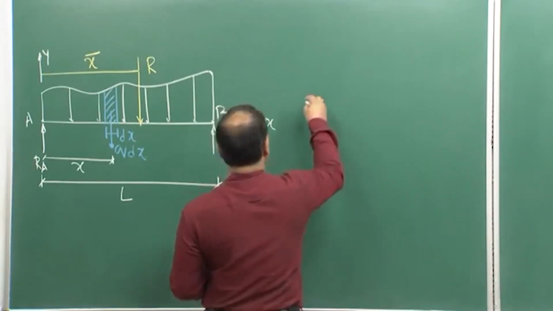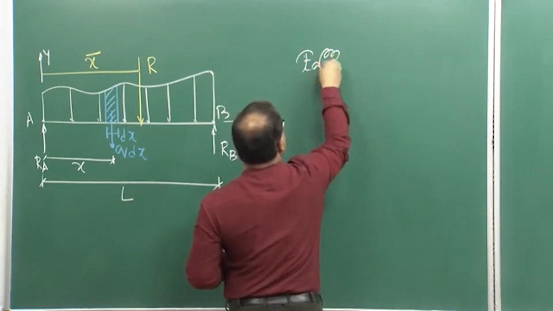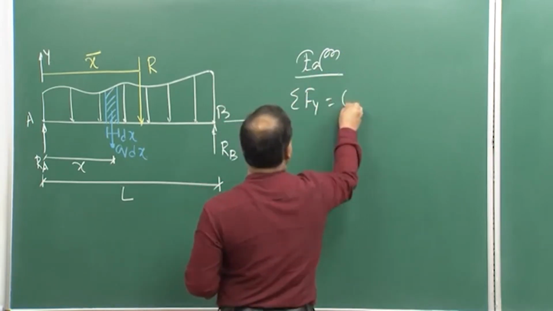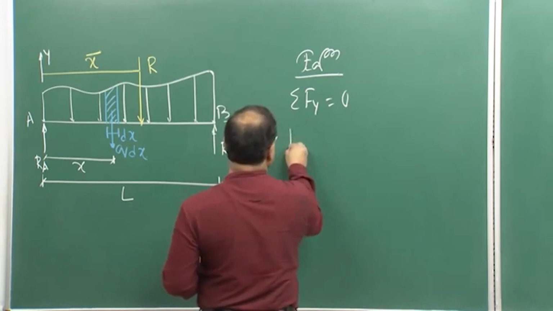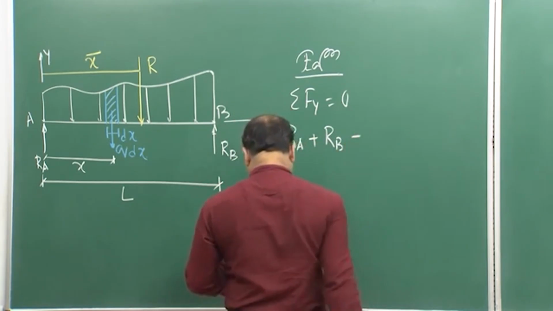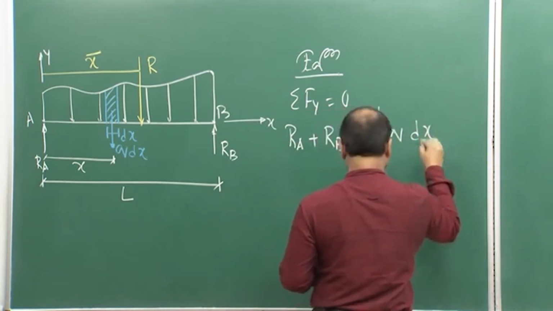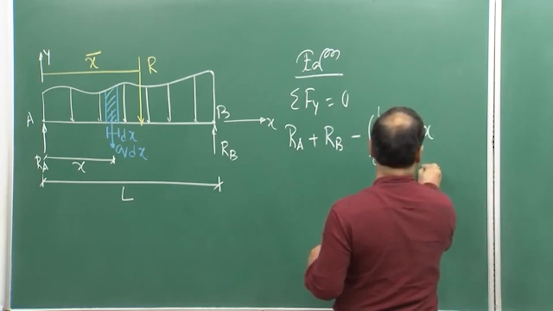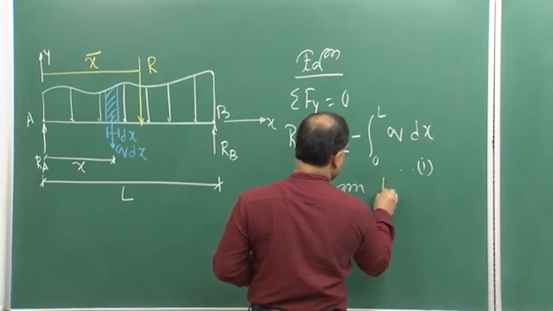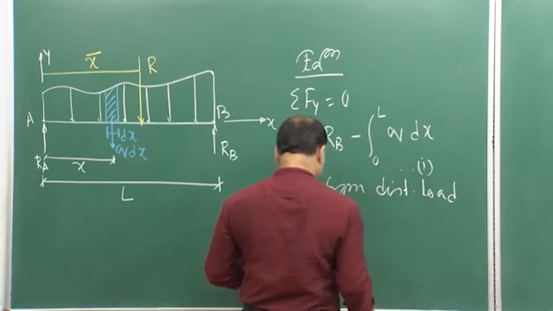Now, considering the equilibrium, summation of Fy equal to 0, I can simply write RA plus RB minus integral 0 to L of q dx equal to 0. So, equation 1, and that is from the distributed load consideration.